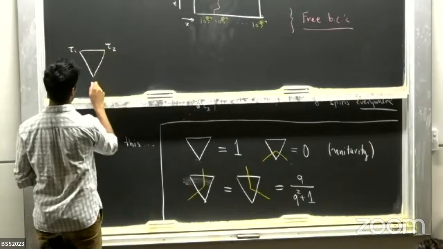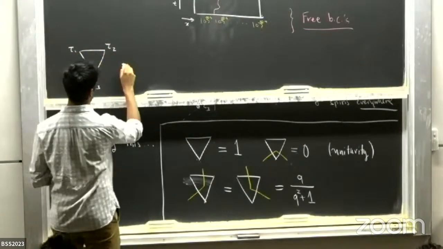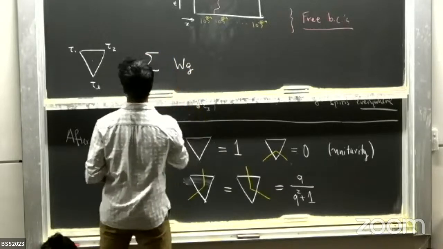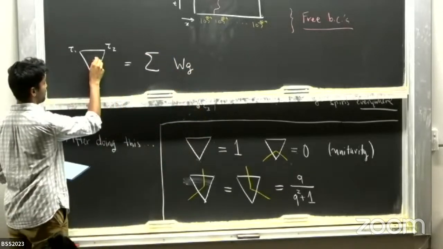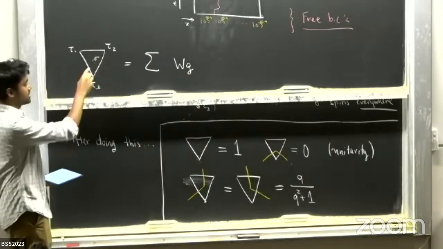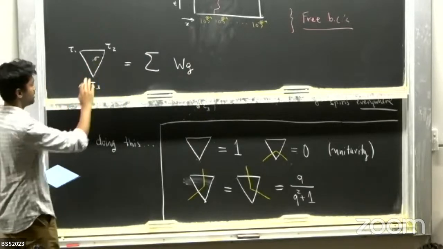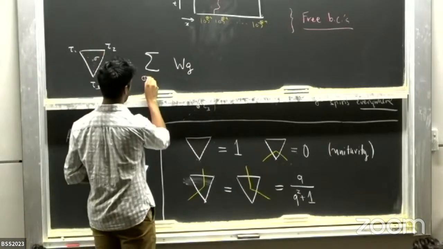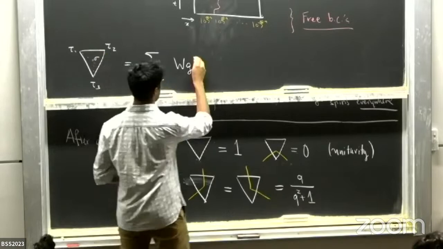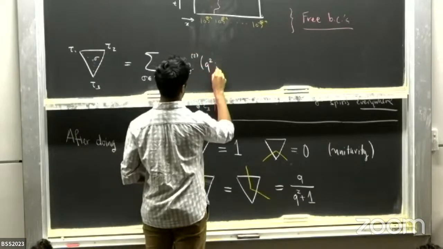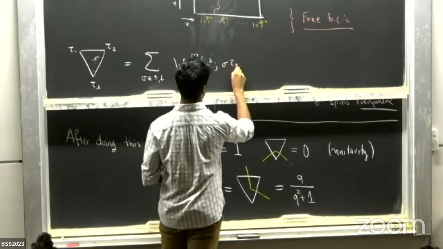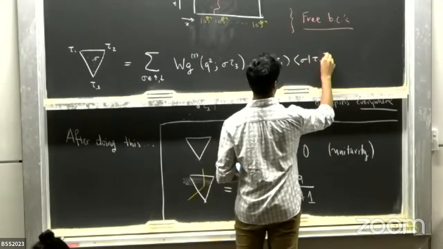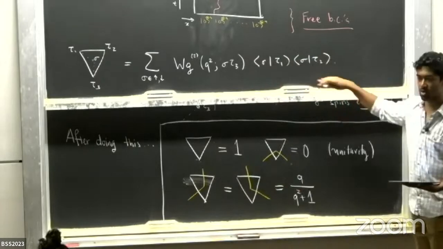What is this weight? You have the Weingarten function for some configuration involving sigma, but I want to sum over sigma to derive some 3-spin weight. This sigma doesn't actually exist anymore. I'm summing over it. Sigma is up or down. So this is given by the Weingarten function of sigma tau 3, and then I have this overlap sigma tau 1, sigma tau 2. So this is what I'm evaluating. This is the expression for the 3-spin weight.